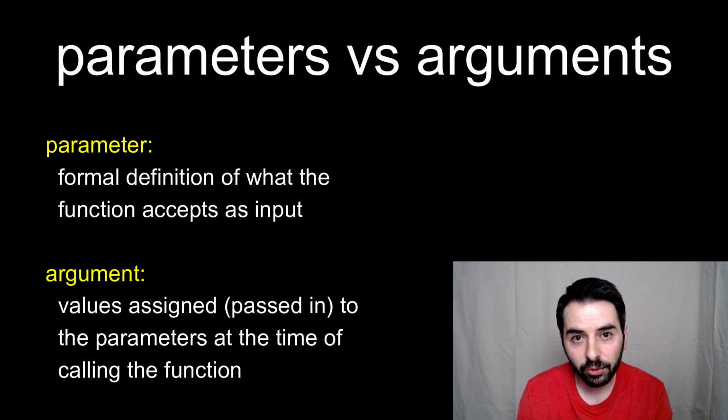But when you call or invoke the function, the objects or values you pass to assign to those parameters are called arguments. These terms are usually used interchangeably, but the right definition is that arguments are the ones used at the time of the call, and parameters are the ones listed in the definition. This is a small distinction, but important.